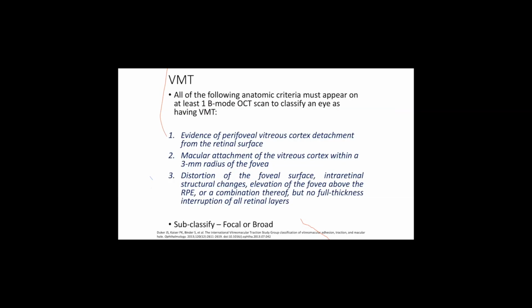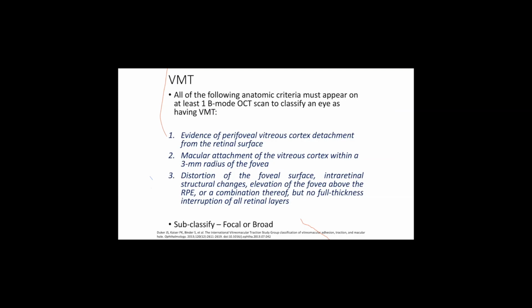Now with vitreomacular traction, using the International Vitreomacular Traction Study Group classification, we need 3 things. And these 3 things must be seen on the OCT scan, okay? Now, we have to have evidence of some perifoveal vitreous cortex detachment from the retinal surface. So there must be an area where it is lifted off.